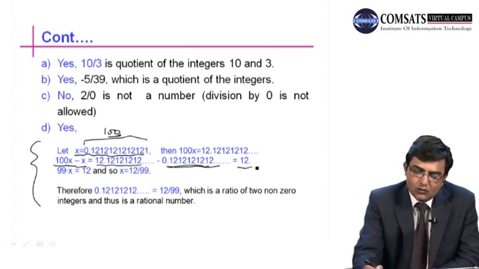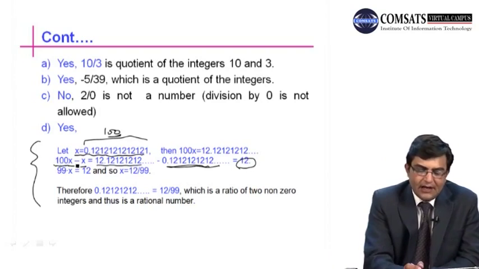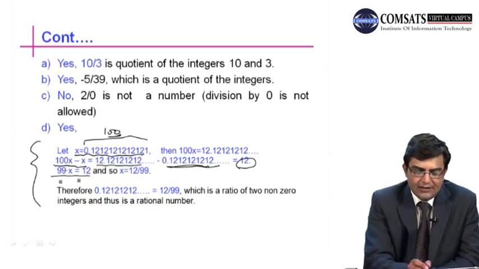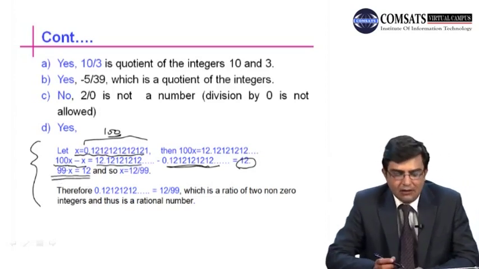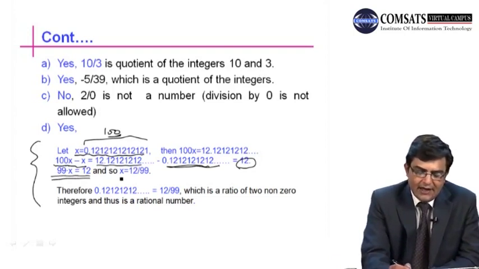Subtracting gives 12. Here 100x minus x becomes 99x, so 99x is equal to 12. We divide both sides by 99 and we get x is equal to 12 by 99.